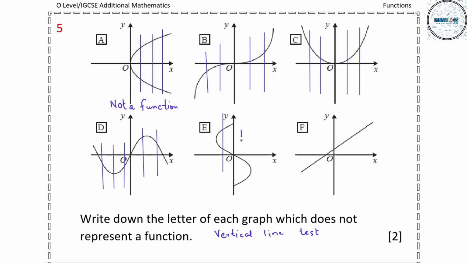We can see here the vertical lines are intersecting the graph at 2 points. So this is not a function. We will draw vertical lines in this as well.